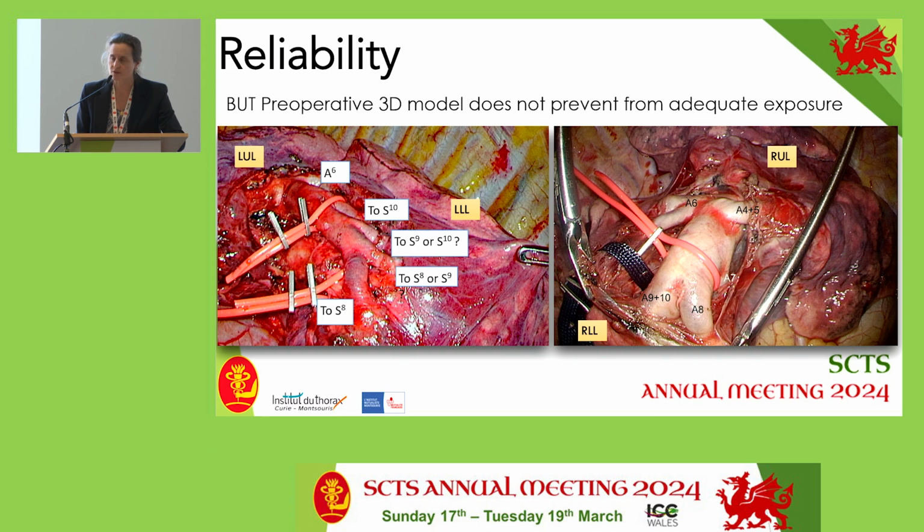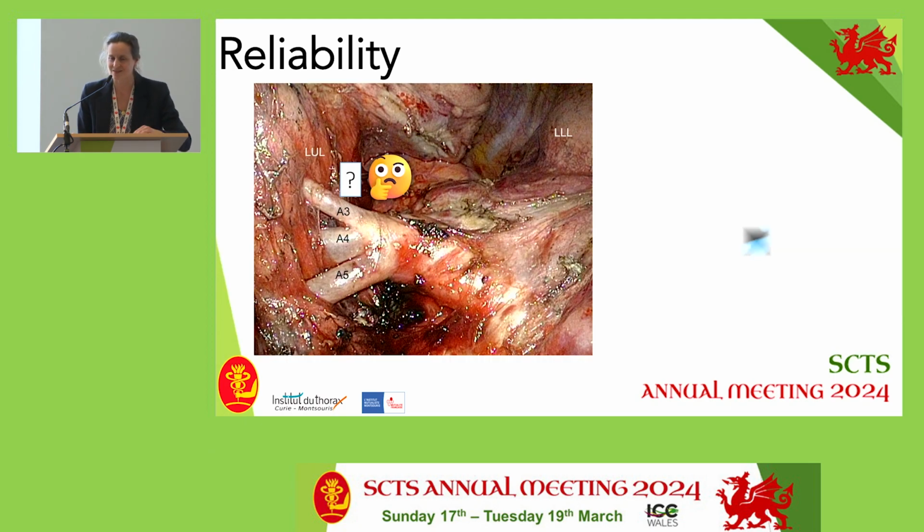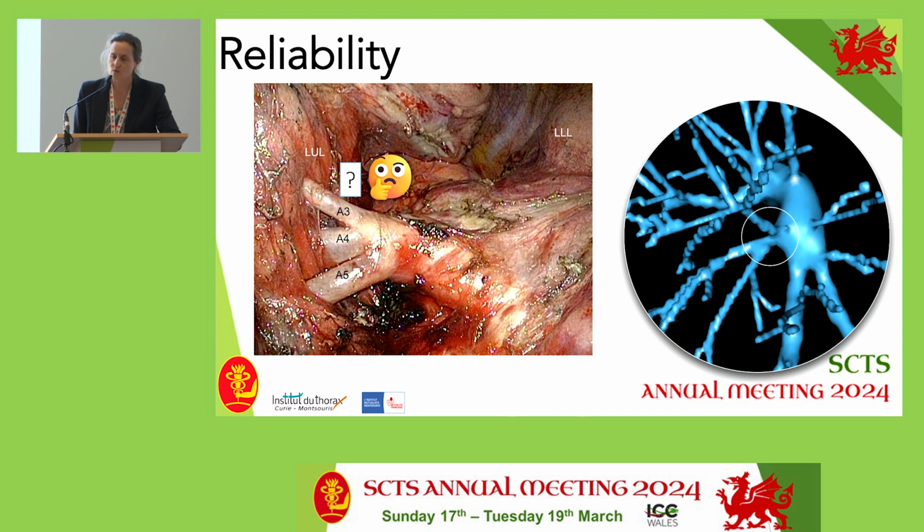That's why preoperative 3D models do not prevent an adequate exposure. It's not because I have a great planification that I don't push my dissections further. And it's really, really helpful when you have, for example, this anatomical variation with the three-segment left upper lobe where the artery comes from a common trunk with the lingular arteries.